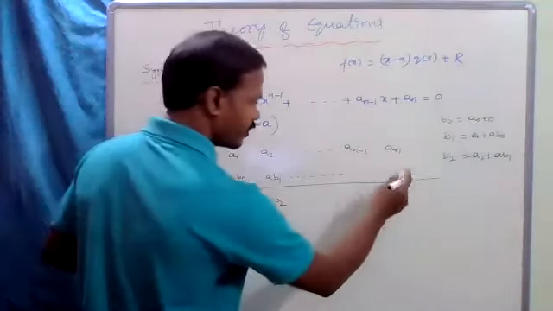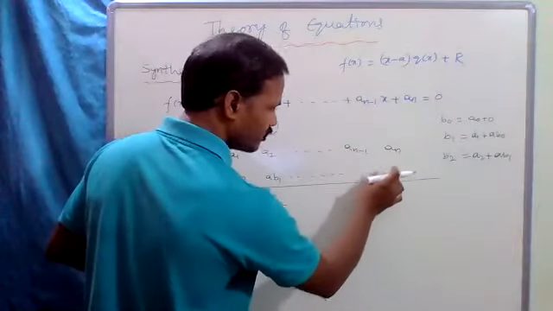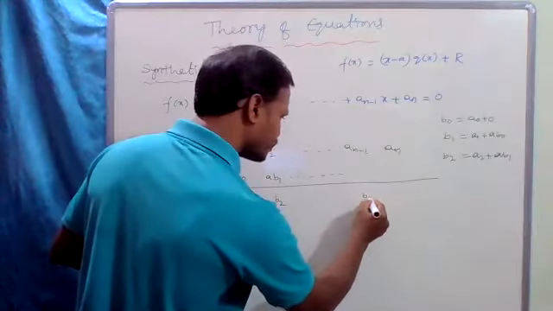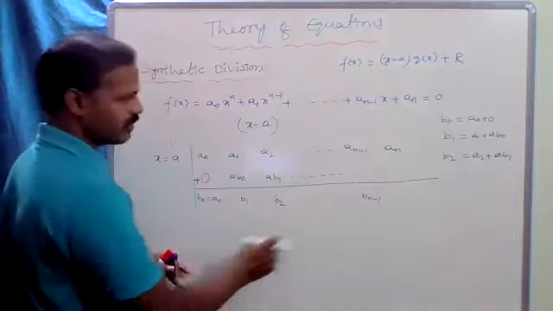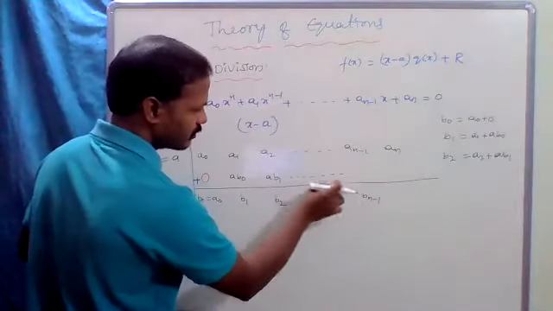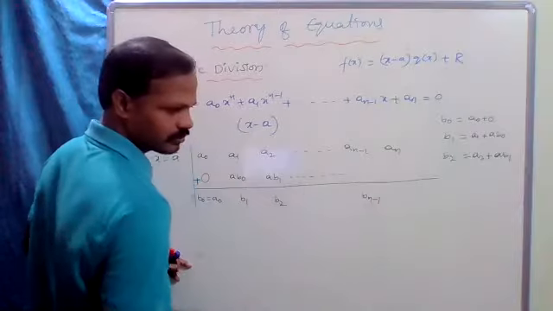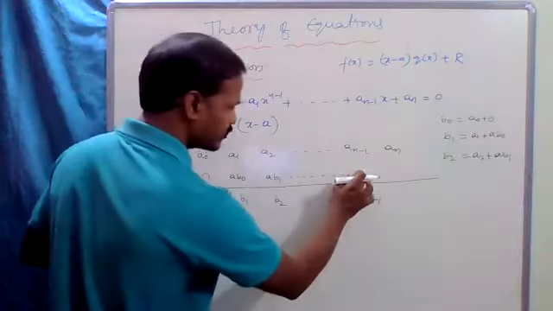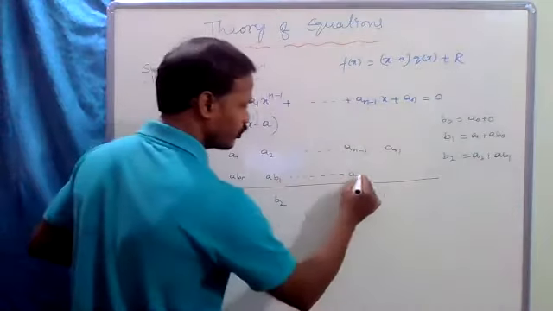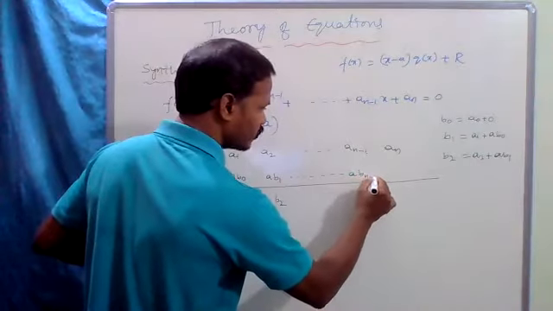Now at last here, what will you get? Here b n minus 1. So if you write the product of this one and this one, what will you get here? Here you will get a into b n minus 2. Yes or no?